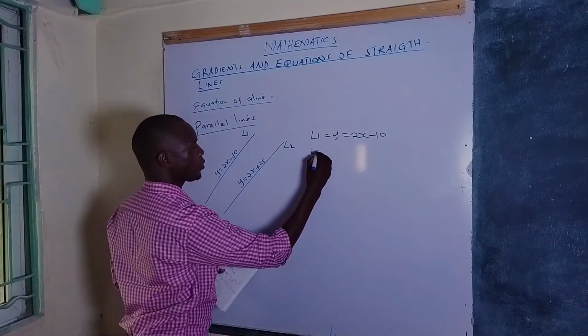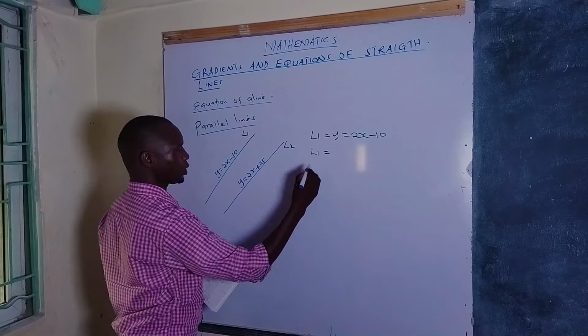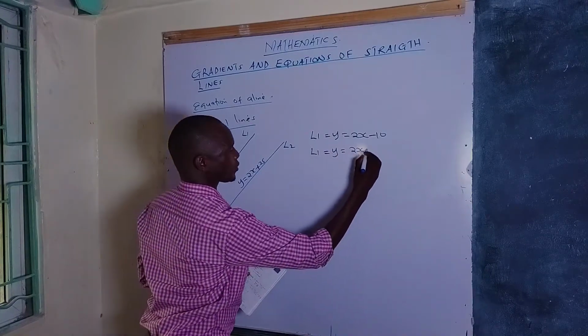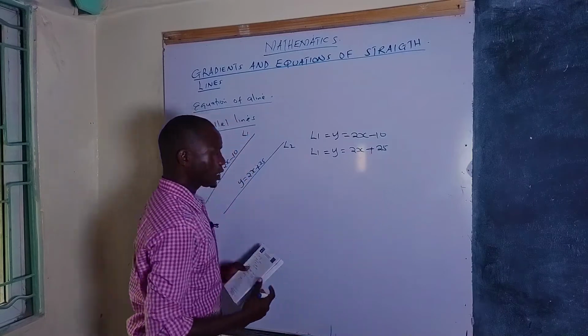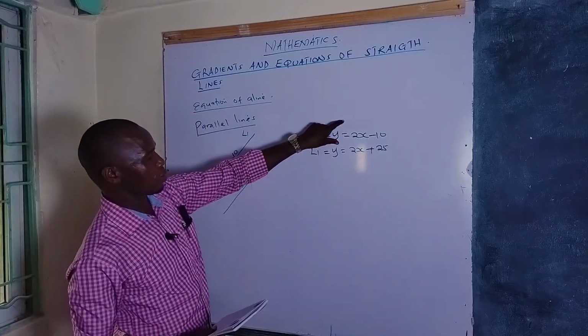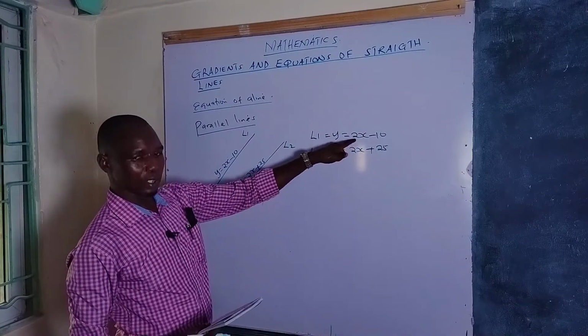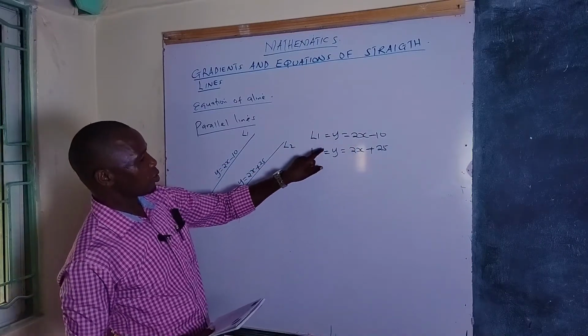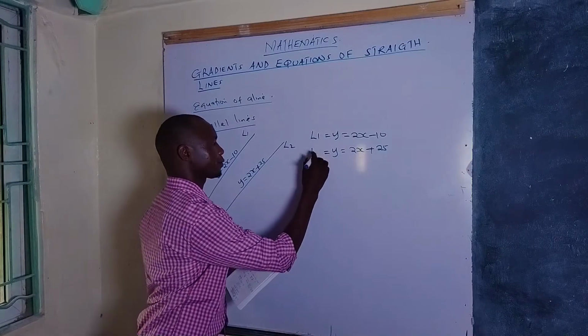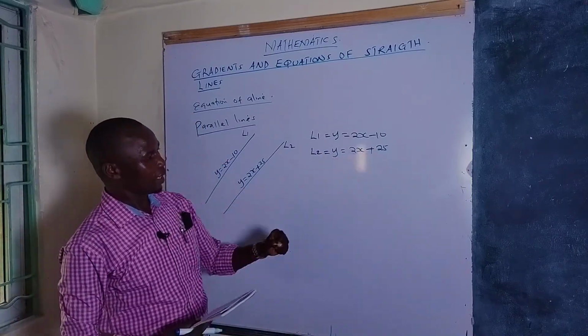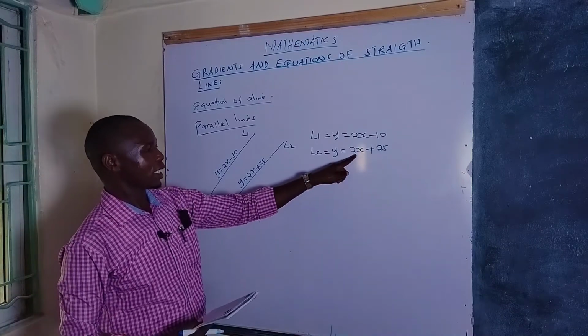And then line 2 will be, again, y is equal to 2x plus 25. If you look at this equation in the form y is equal to mx plus c, the value behind x will always give us the gradient. And also in line 2, in the form y is equal to mx plus c, it has a gradient of 2.